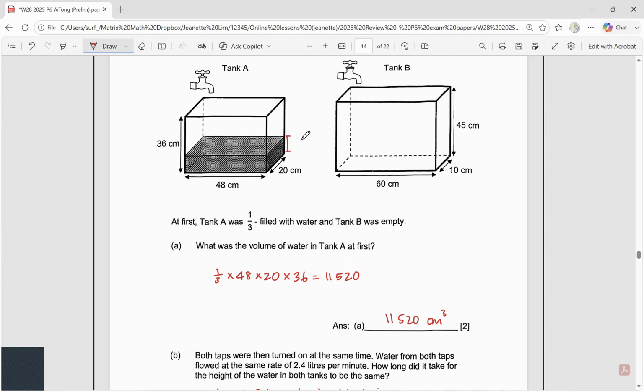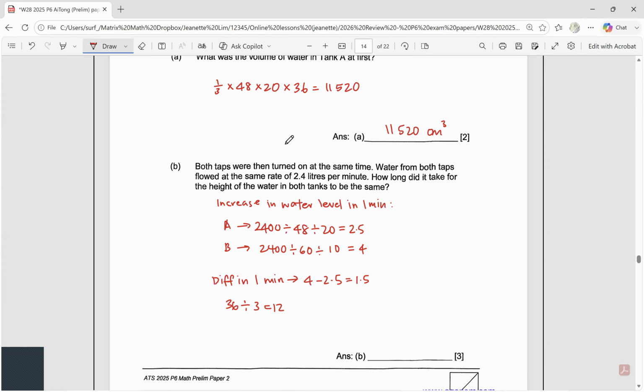So it needs to catch up by 12 cm. So how long will it take? So you take 12 cm and divide by every minute is 1.5. So this will be 8. Okay, so 8 is in minutes, 8 minutes. It will take 8 minutes for it to be the same level.